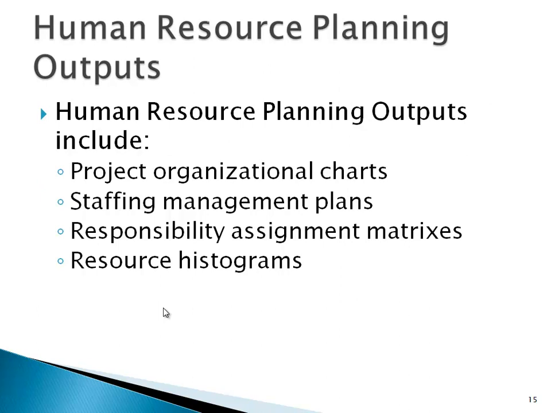The output from the planning phase is to have project organizational charts. We will have staffing management plans. We will have different matrices that will show the different responsibilities and roles for the different employees or units in the organization.